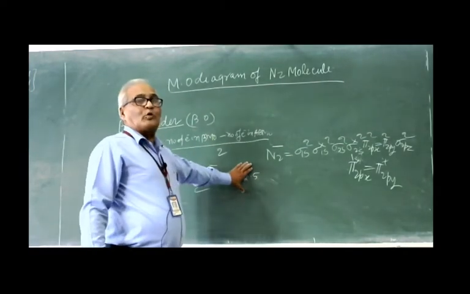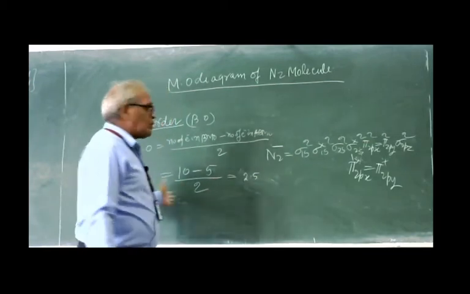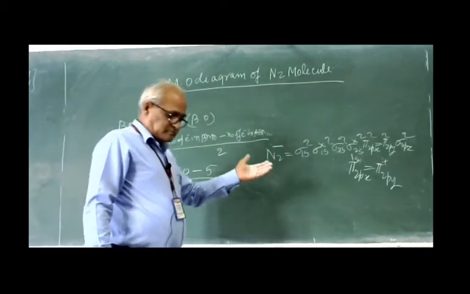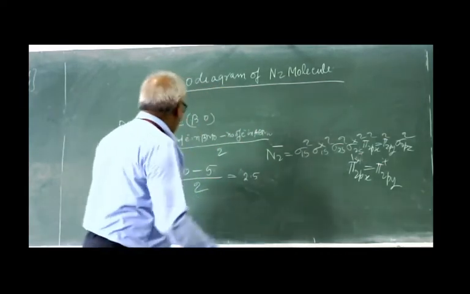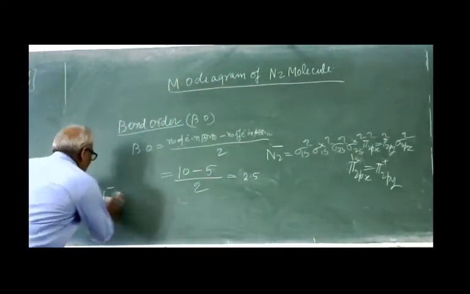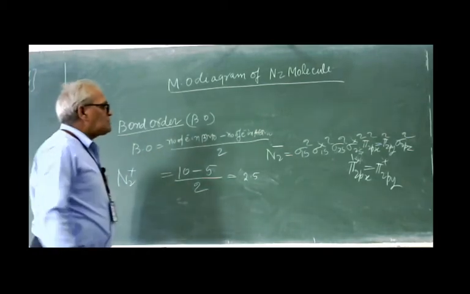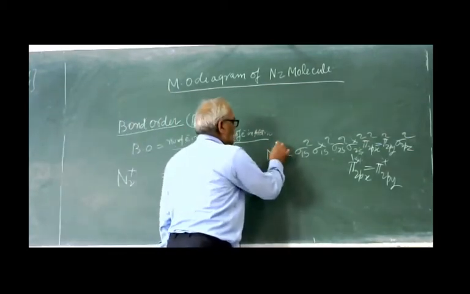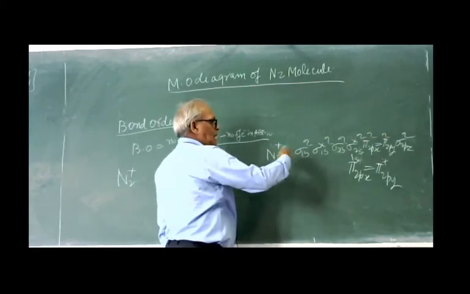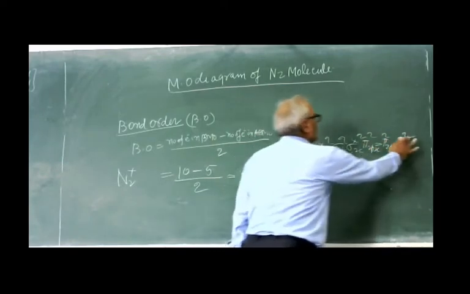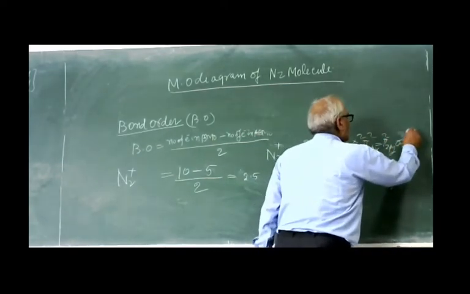Therefore this N2 minus ion gives 2.5, and this molecule ion is paramagnetic, having bond order 2.5. Exactly, you can calculate the bond order of N2 plus. How? You can again write the configuration and remove one electron from here.